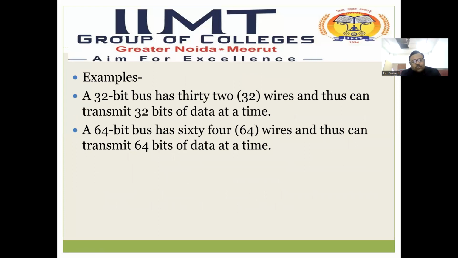Examples: a 32-bit bus has 32 wires, thus can transfer 32 bits of data at a time. A 64-bit bus has 64 wires and thus can transmit 64 bits of data at a time.